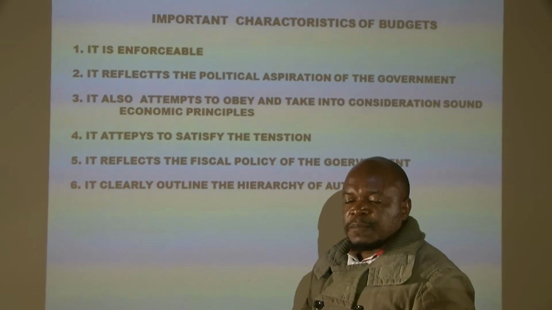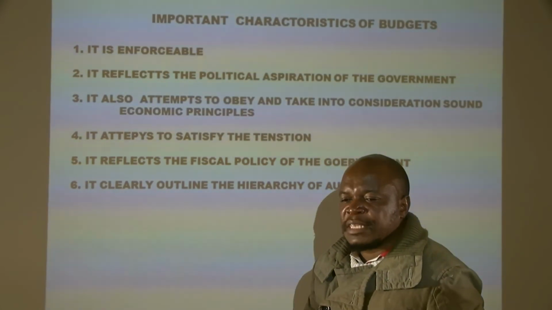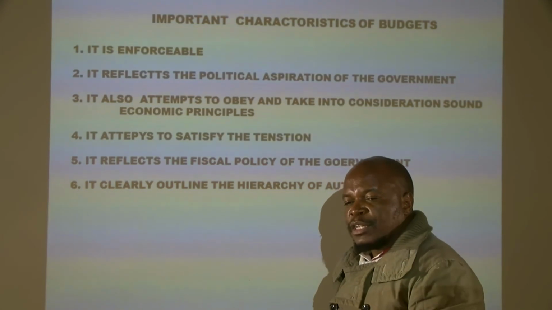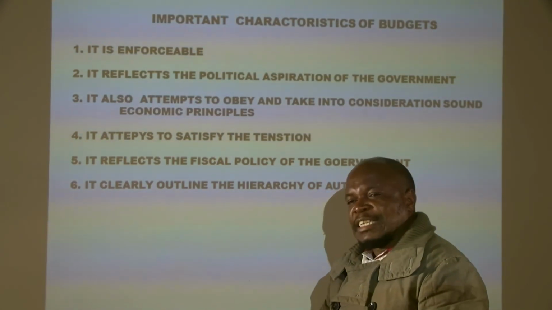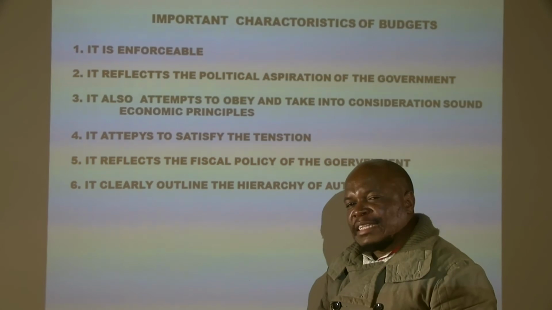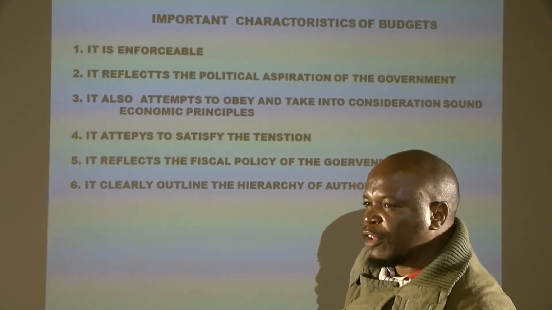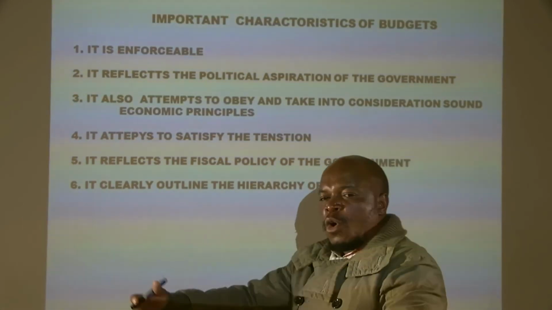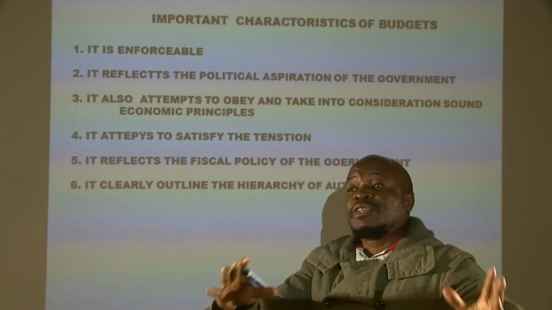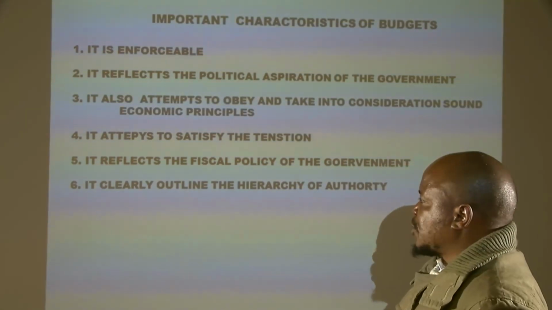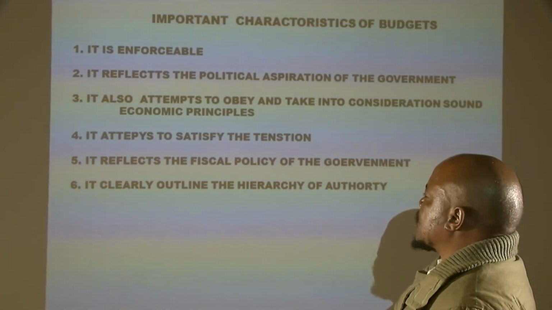I might want to build schools, but the economics says I must have the human resource to go and teach in those schools. So did I qualify to have the human resource, or did I qualify to have the buildings before I talk about building a university? So these are attempts to resolve that tension.